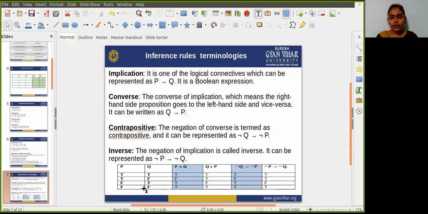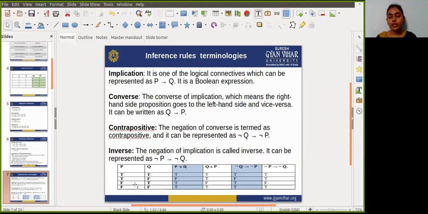Now in the third case, the negation of p is true and the negation of q is false. Remember that I'm talking about the negation of p and the negation of q in the third row. The value of p is false and the value of q is true, so obviously the negation of p is true and the negation of q is false.